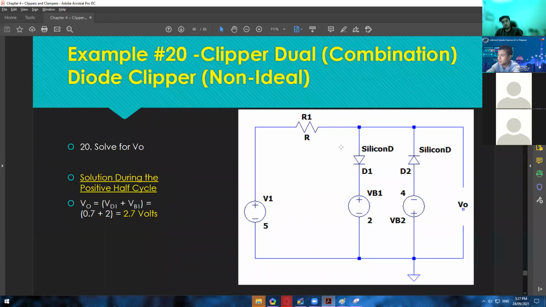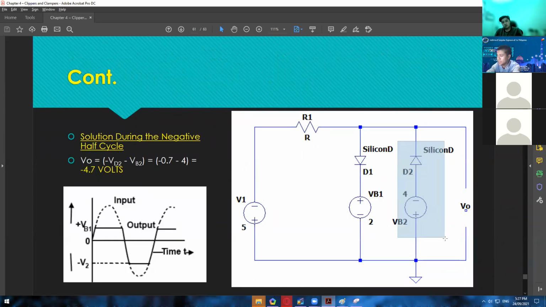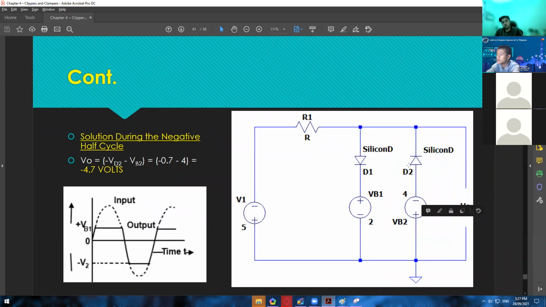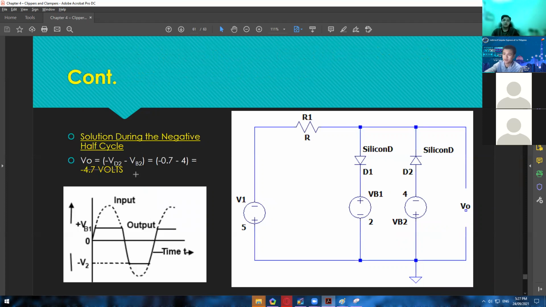For the positive half cycle, we have the reading on these two components, and during the negative half cycle, we have the reading on this component. So 2 plus 0.7 is 2.7, and then 4 plus 0.7, for the negative half cycle, is negative 4.7. So are we clear so far on how we got those 2.7 volts and negative 4.7 volts?